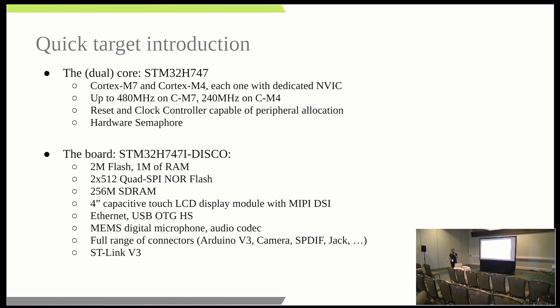There is a reset and clock controller which is capable of peripheral allocation, which is important. There is also a hardware semaphore IP that was made specifically to handle the dual core specifics. There is some information on the Disco board that has been ported, but I will skip this part because not of much interest for now.